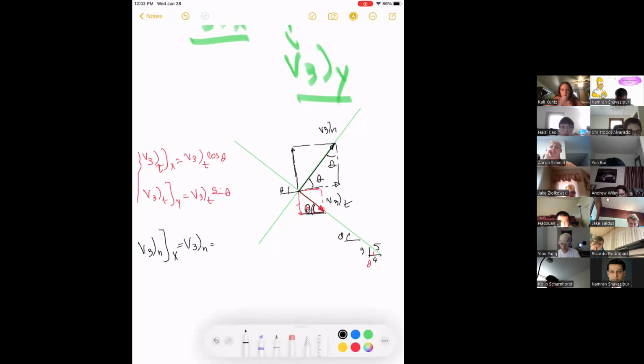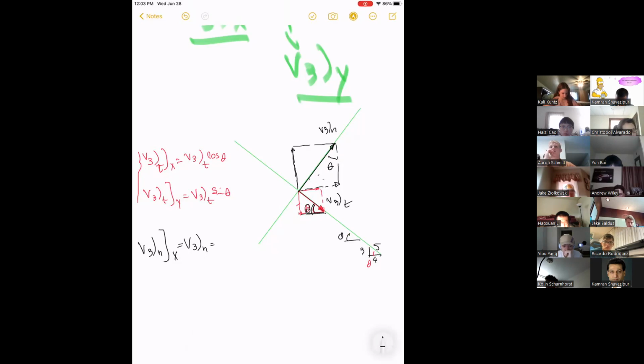My bad. So this is going to be V3n sine theta, and V3ny is going to be V3n cosine theta.